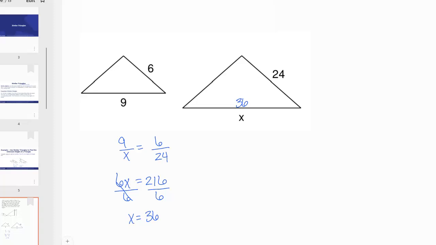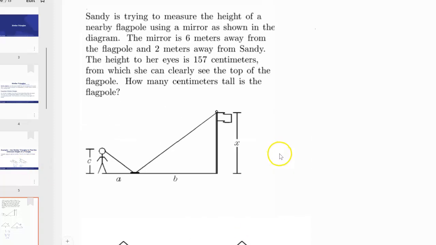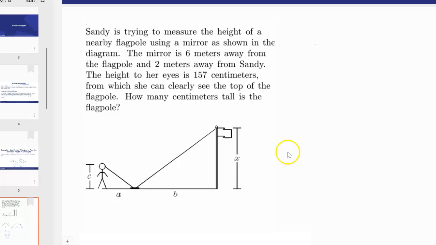We can even use similar triangles to solve word problems. Let's look at this one. Sandy's trying to measure the height of a nearby flagpole using a mirror as shown in the diagram. The mirror is 6 meters away from the flagpole and 2 meters away from Sandy. So the mirror is right here.